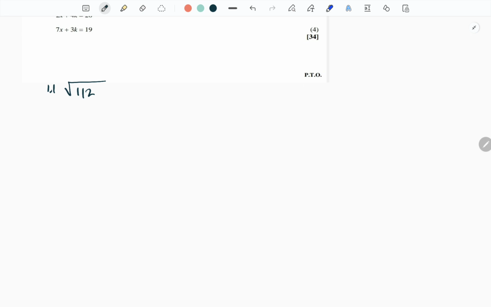whatever is inside this square root sign is raised to the power half. Okay, so for example, the square root of 112 is the same as whatever is inside the square root, 112, raised to the power 1/2. Now a similar concept applies if you're doing a cube root. Let's say the cube root of 112.